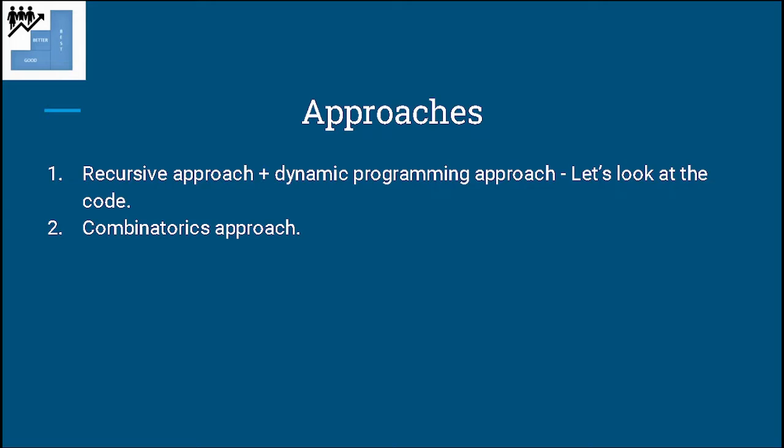So basically, if there is an m cross n matrix, which means m rows are there, so there could be m minus 1 downs and n columns are there, so there could be n minus 1 rights. So these m minus 1 downs and n minus 1 rights, what are their different arrangements possible, right?